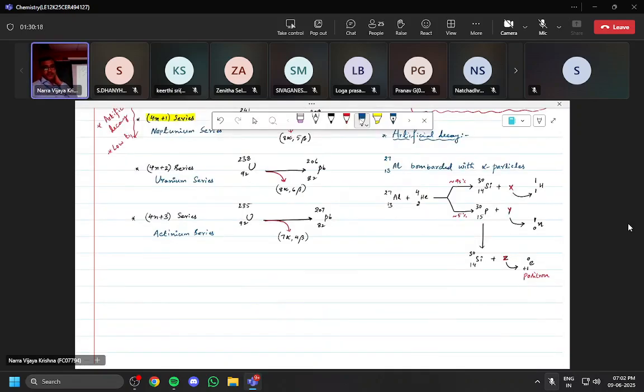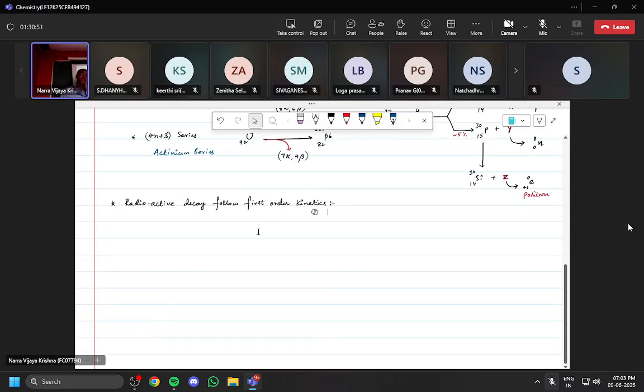Now, all radioactive decays follow first order kinetics, right? What is the first order kinetics equation?